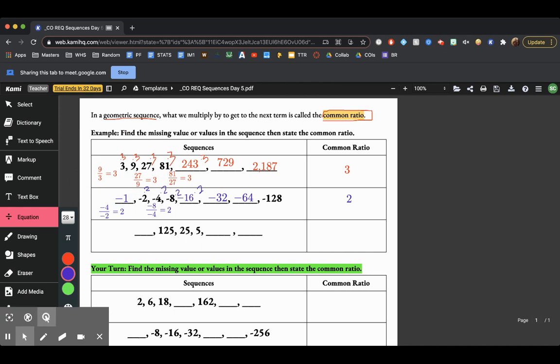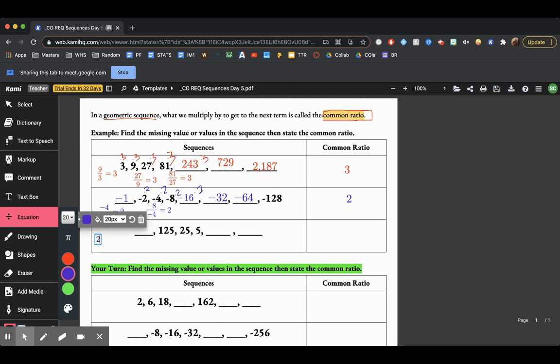And the third example here, we have blank, 125, 25, 5, blank, and blank. Okay, so we're going to divide 25 by the previous number, which in this case is 125.